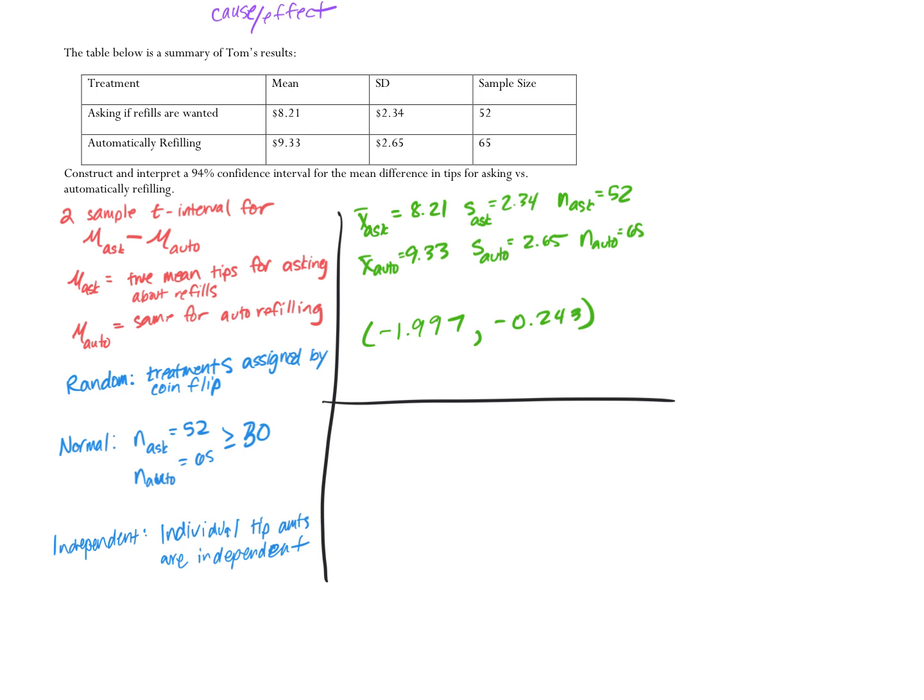For the degrees of freedom, out loud, I would just leave it, it doesn't have to be a whole number. So, I would do 113.84, something like that.